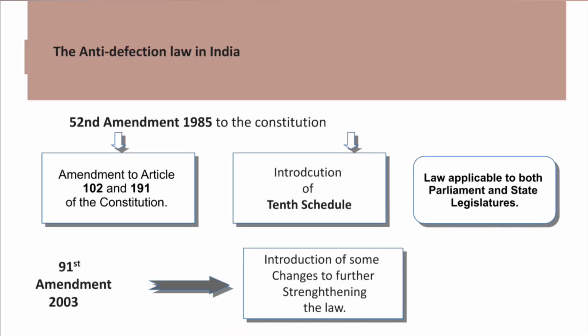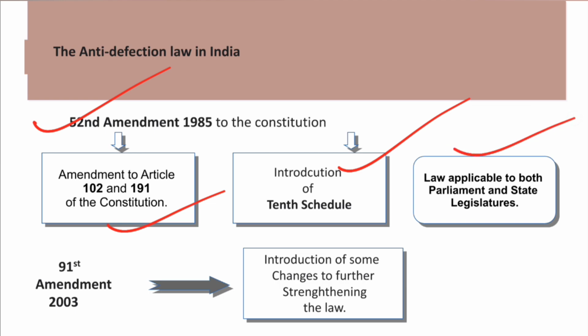Now, as I already stated, through the 52nd Amendment of 1985, Articles 102 and 191 were amended, and in both of these articles a clause to that effect was added, and the 10th Schedule was introduced, in which the procedure of disqualification on the ground of defection is discussed.